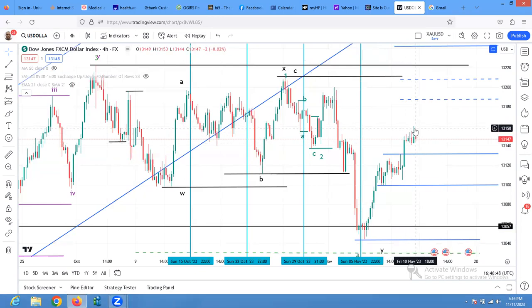And with this doji, what will follow is a retracement. So if we move to the downside, we want to see how we are going to move. And if we go sharply to the upside again, that means we might likely be breaking the top. But from what I can see here, I can't see anything yet to tell us that we are correcting a wave 1 and a wave 2.